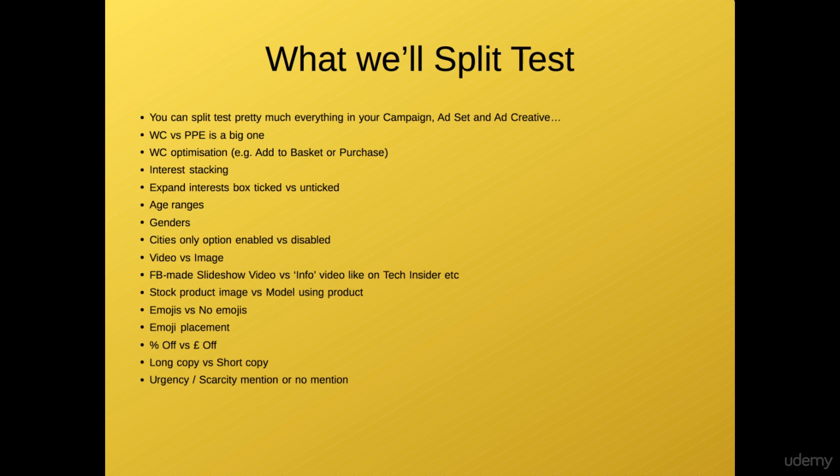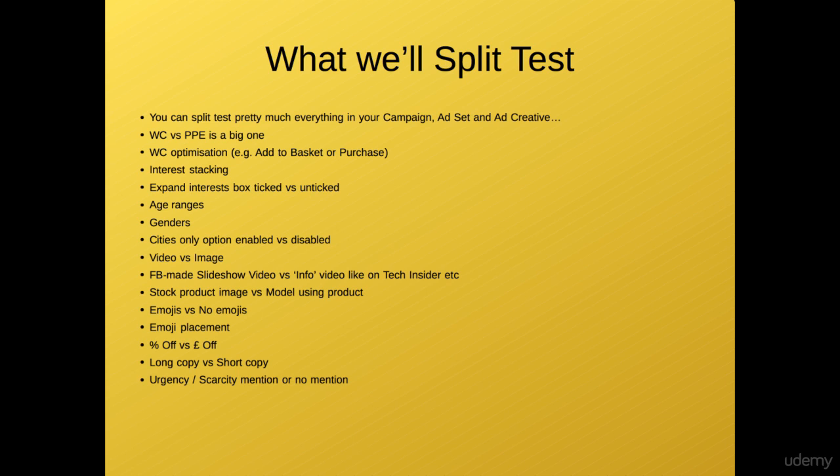And here's what you can split test. Pretty much everything in your campaign, ad set, and ad creative, from, for example, the campaign, website conversion versus paid post engagement. Which one gets you the most sales? That's a big one. If you're using website conversion ads, then the website conversion optimization. So, for example, whether optimizing for view content or for add to basket or for purchase generates you most sales or most profit.